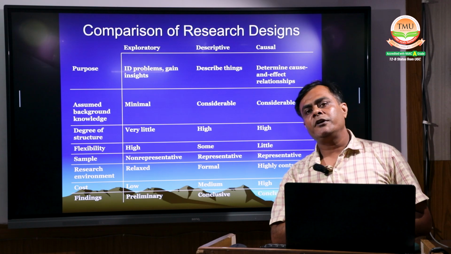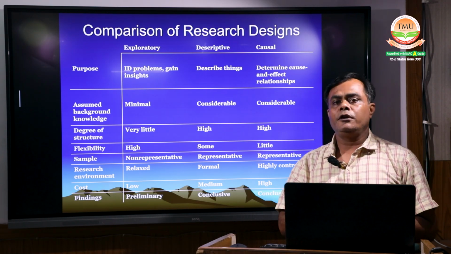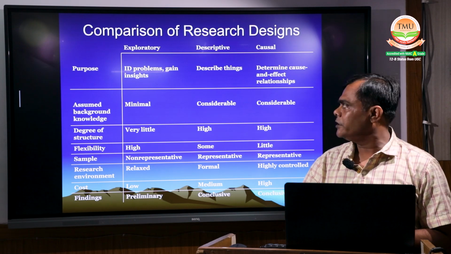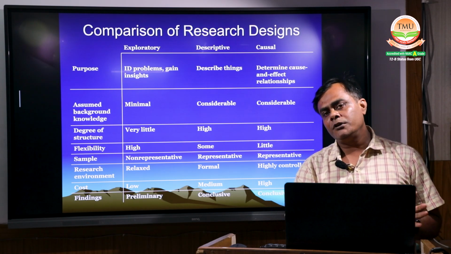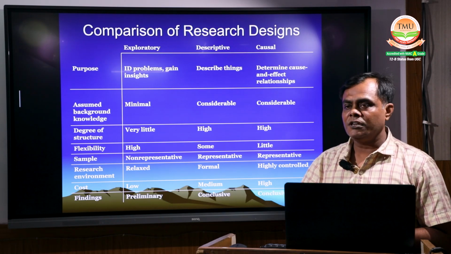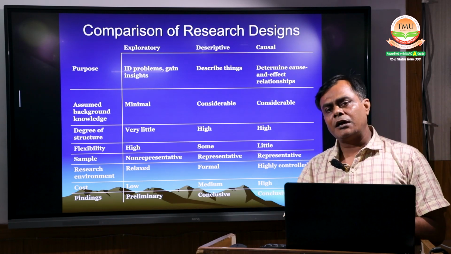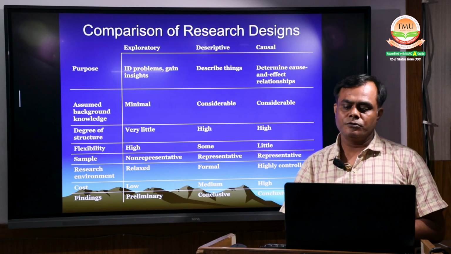So if we have very limited resources available, under that condition we use exploratory research. And if we have no limit on resources, and sufficient resources, then we can go further. That also depends upon what kind of study we are going to do.